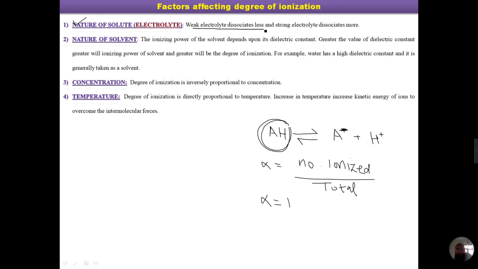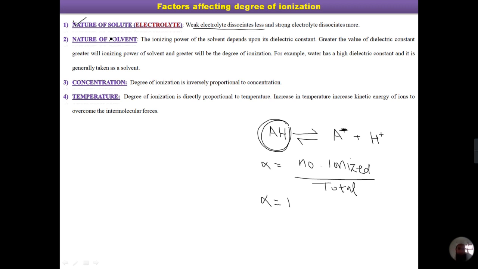Weak electrolytes dissociate less, strong electrolytes dissociate more. ये electrolyte का अपना एक natural tendency रहती है that if it's a weak electrolyte, it doesn't get dissociated so easily. At least a smaller number of molecules will get dissociated when you dissolve it in the solvent. So it depends on the nature of the electrolyte. If the electrolyte is weak, obviously the alpha value is very less. If the electrolyte is stronger, the alpha value will be high or close to 1.